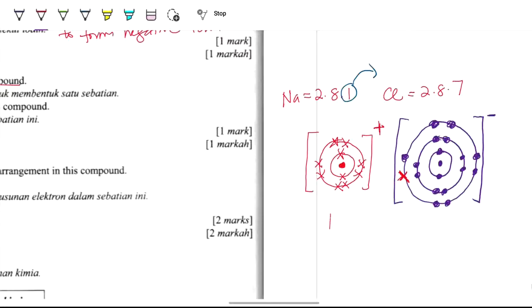So this one is the sodium ion, this one is the chloride ion. So they will form the ionic bond.